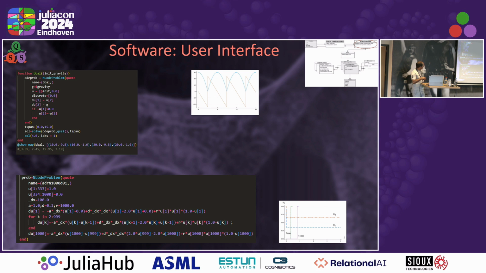Another thing that I wanted to show is that you can write your equations in a for loop if you have many equations that are similar. This is like the advection diffusion reaction model, which is a result of PDE discretization. So the result will be similar differential equations, and you can just write them in a for loop.